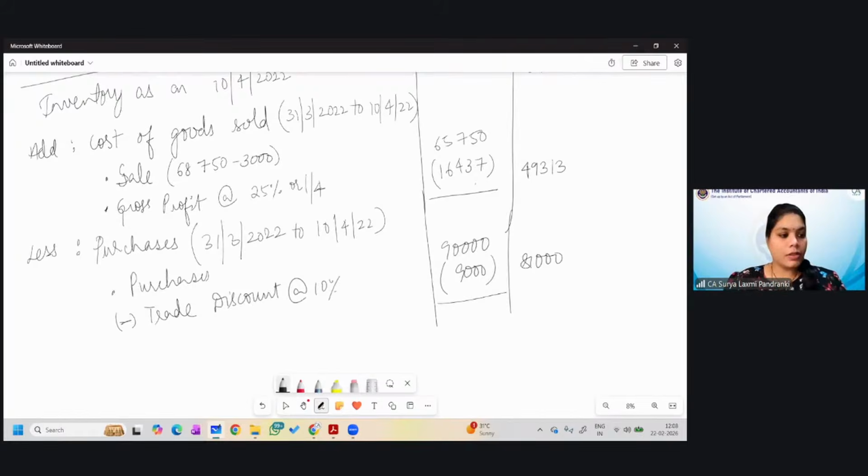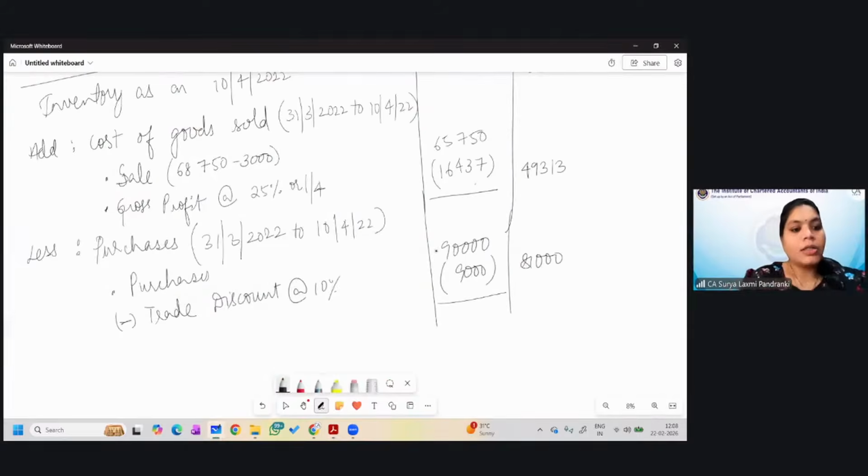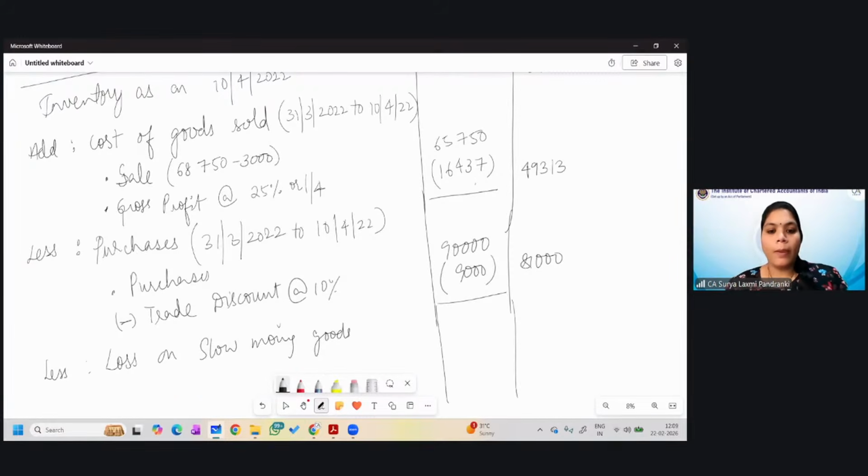The purchases is also done. Right? Next item is what? Sales returns we have considered. Next we have slow moving goods. Right? So less loss on slow moving goods. How much is the loss on slow moving goods?